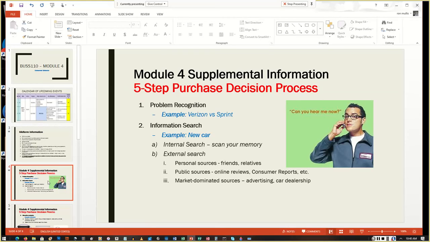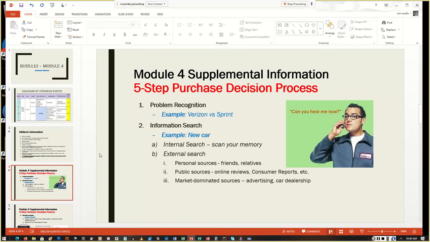We're going to go over them more in depth, but the first step is the problem or need recognition. The second step is the search for information for that product or service. The third step is evaluation of alternatives. The fourth step is purchase decision, and the fifth step is the post-purchase evaluation.